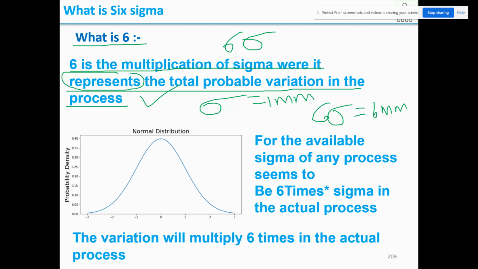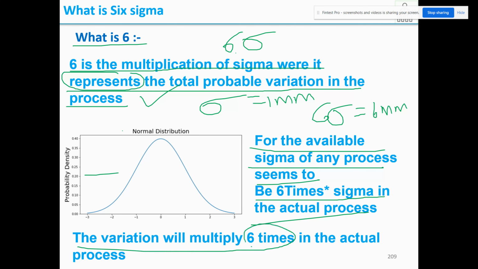It is not assuring that it will come to 6 mm. It is a probability. For the available sigma, if a process is taken as 6 times the sigma in the actual process, the variation will multiply by 6 times. You got it, no?